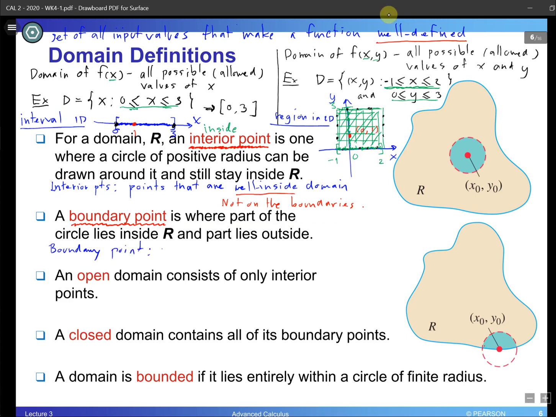All right, points on the edge of the domain. So the key word is right here, on the edge, and for interior points, well inside.